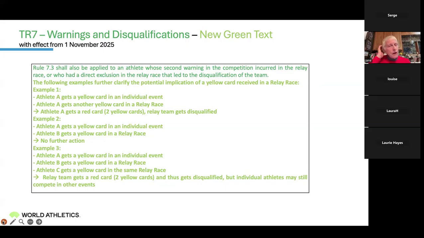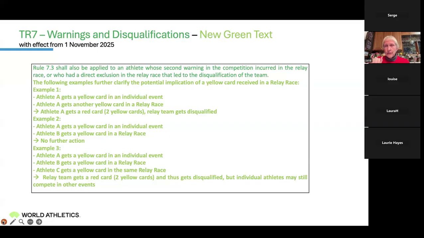So if I'm in a 4x1 and a 4x4, let's say, in the first 4x1, I get a yellow card, and now I run again in a 4x4 and I get a yellow card in the second relay, then I no longer compete and I would disqualify my relay team.